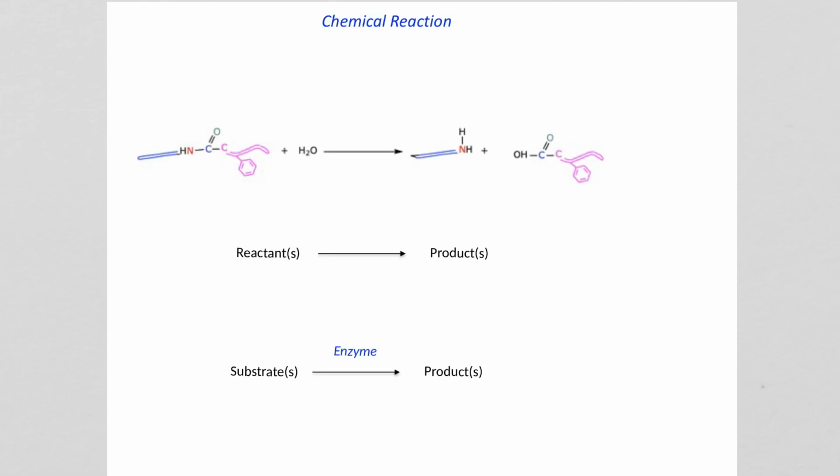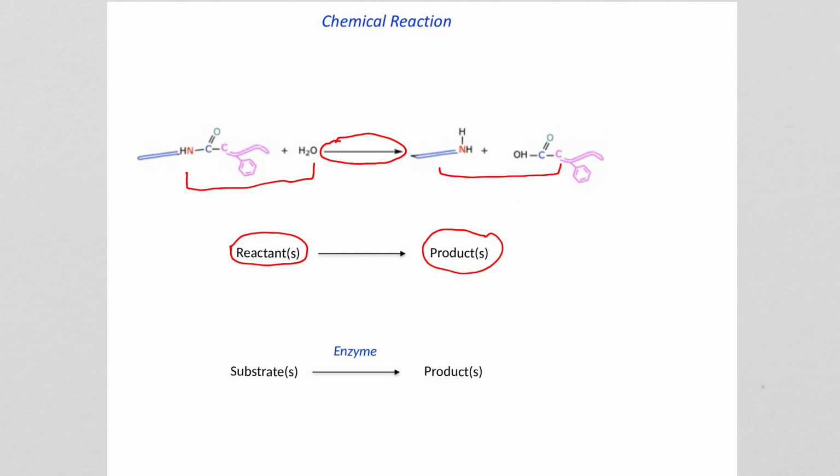There are hundreds of chemical reactions that happen in the human body. So basically, a chemical reaction you can see is shown by an arrow. Everything on the left-hand side of the arrow, these chemicals are called the reactants. And everything on the right-hand side of the arrow, those chemicals are called products.